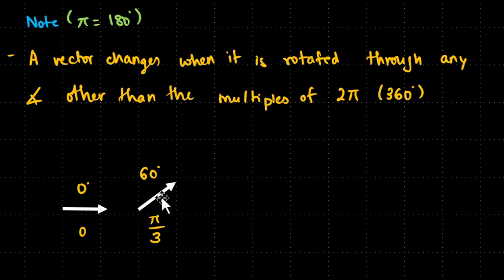You don't need to write the symbol. Let's try 90. This is 90 degrees, which is 180 by 2, so it's pi by 2, right?